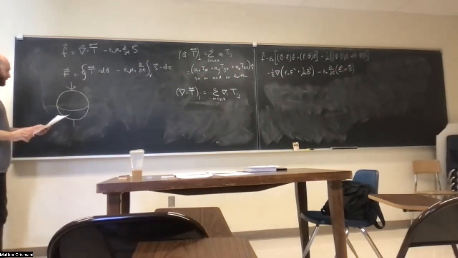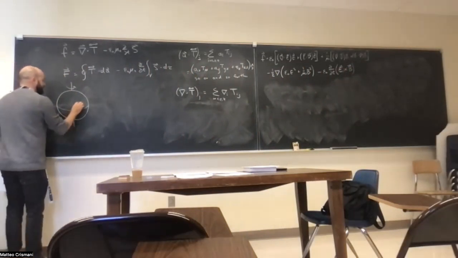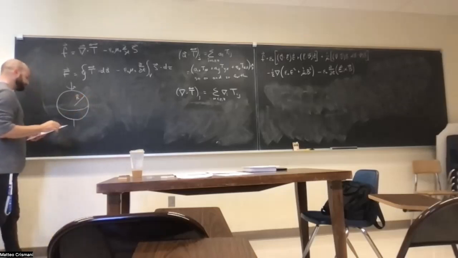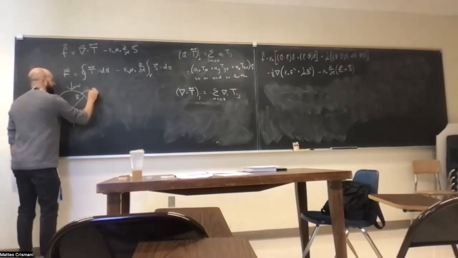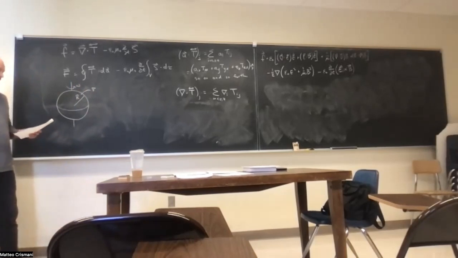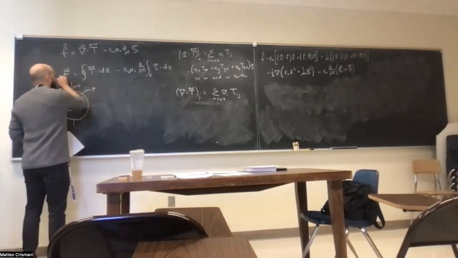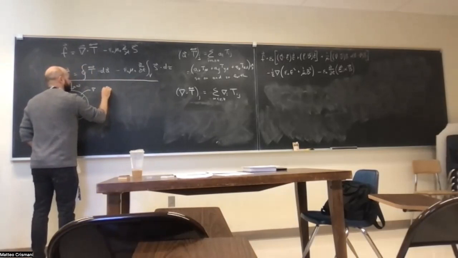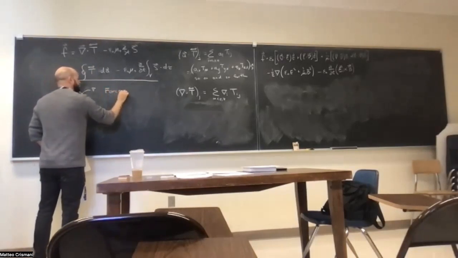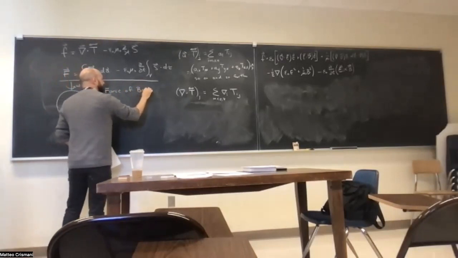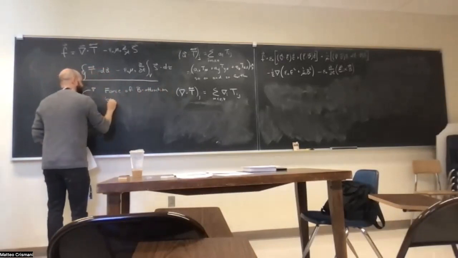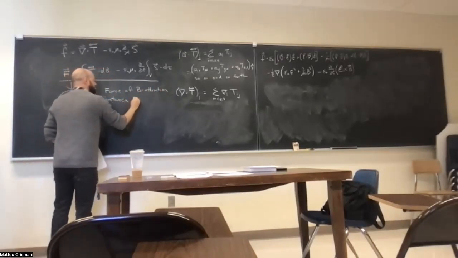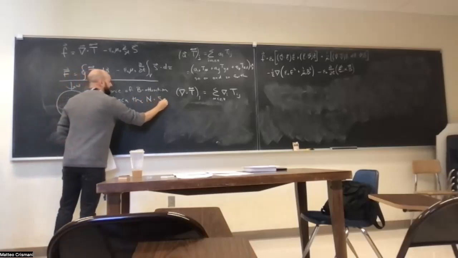Okay. So here we have a uniformly charged spinning sphere. Let's say that it has some radius R, large R. Let's say that it has a rotation rate omega, and it has some surface charge, sigma. What is the force of magnetic attraction between the north and south hemispheres?